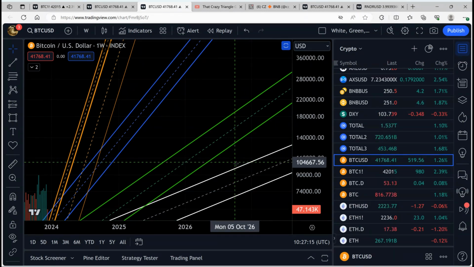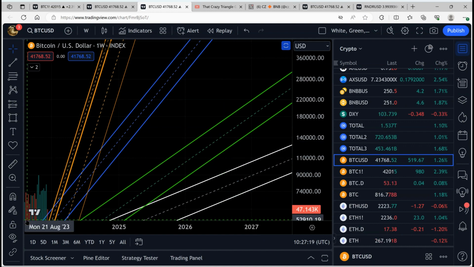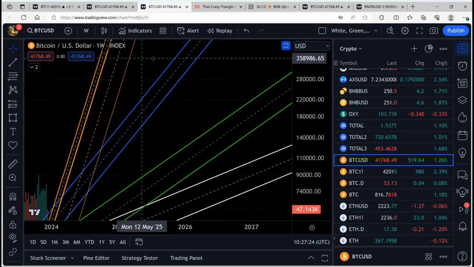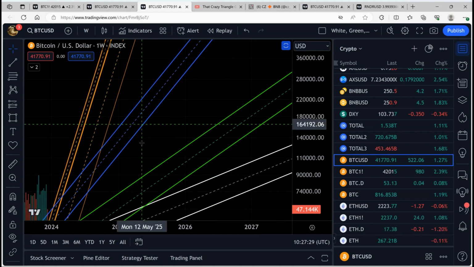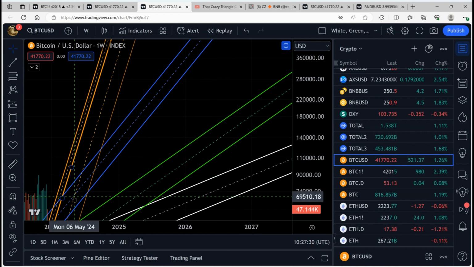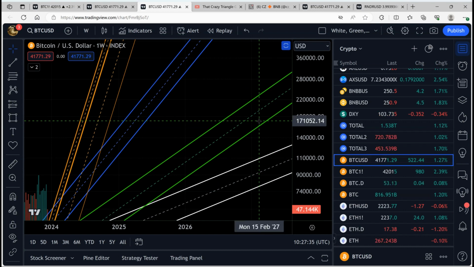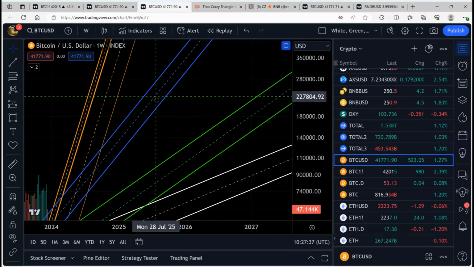Worst case scenario, they're still going to have double what they have now. But that's after they're going to be taking profits way up here. So that's why this is a steal. These prices right here are a steal. 41,700. My God, it's a steal.